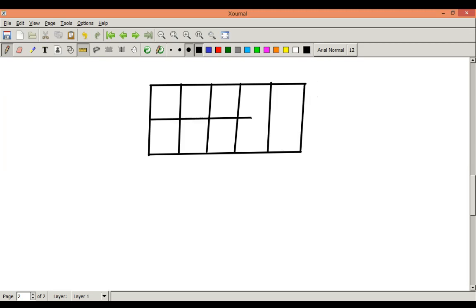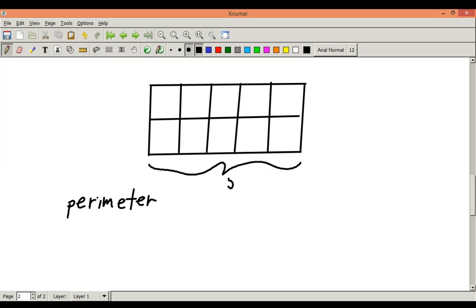And that's close enough. Anyway, so if I want to calculate the perimeter of this shape, this rectangle, all I need to know is how long the sides are. Well, if you can just count and see that this side is 5, that's the length, and this side is 2, that's the width.